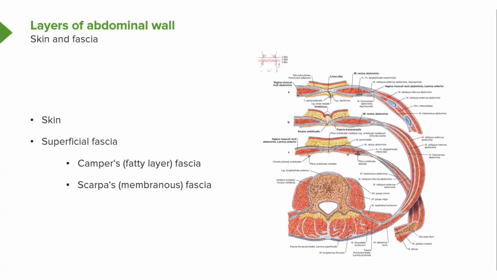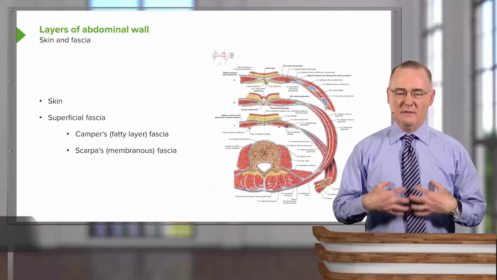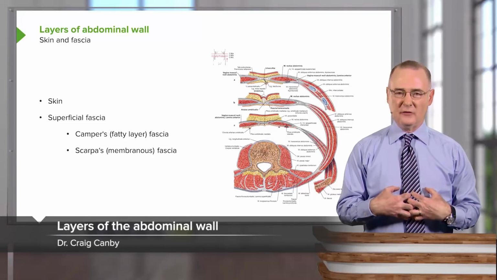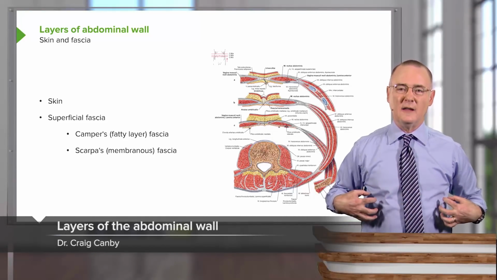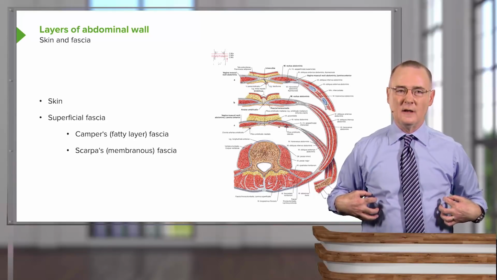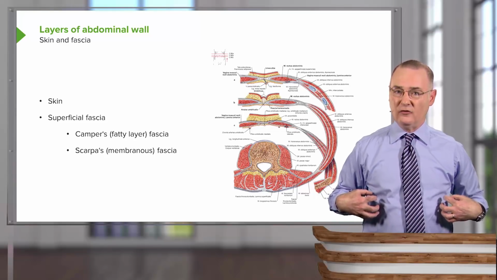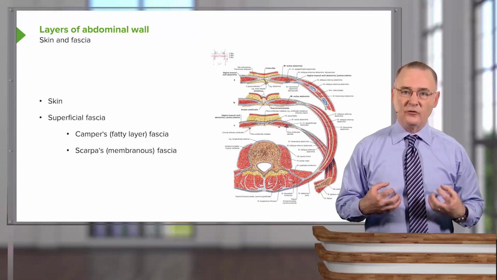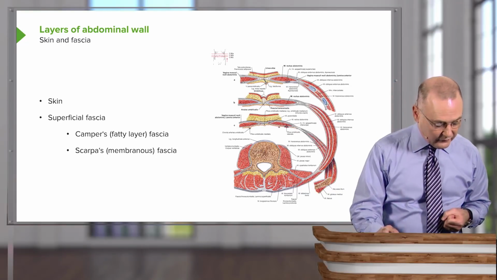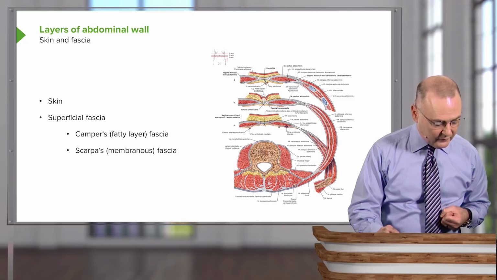Now we're going to spend a moment to understand the layering of the abdominal wall, and we're going to concentrate away from where we have our vertically oriented muscles and focus more on the anterolateral portion of how the abdominal wall is layered. First, we're going to have the skin, and we see in the illustration here, for example, the skin.